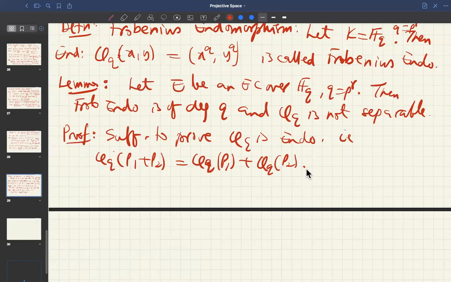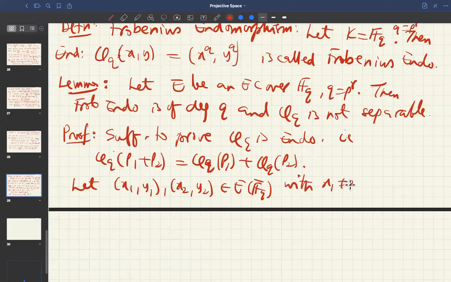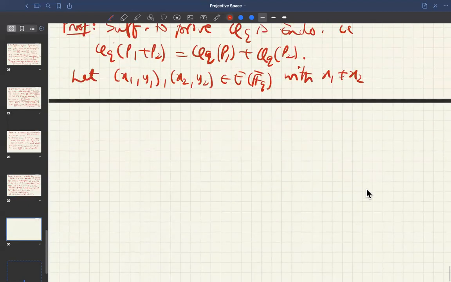This is also pretty simple. Let (x1, y1), (x2, y2) be in E over the closure of F_q with x1 not equal to x2.